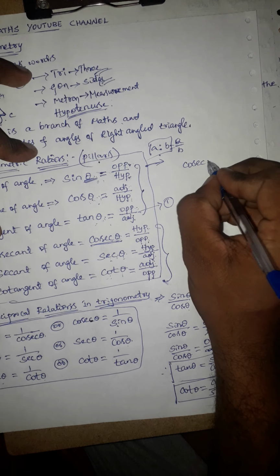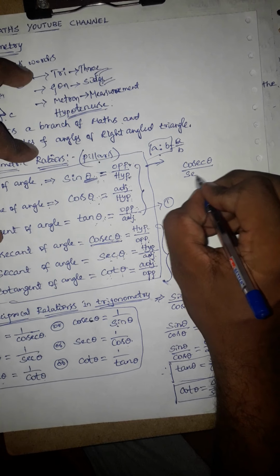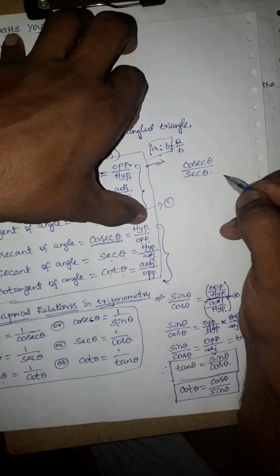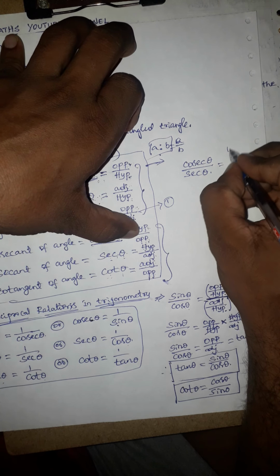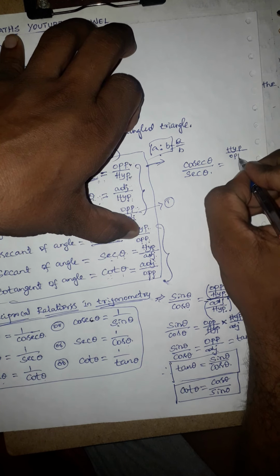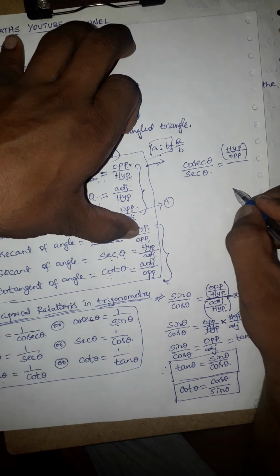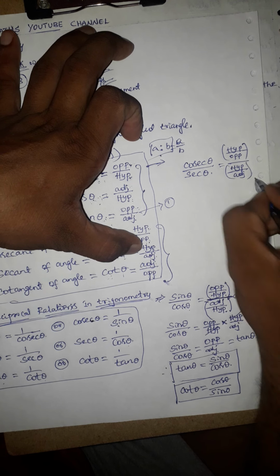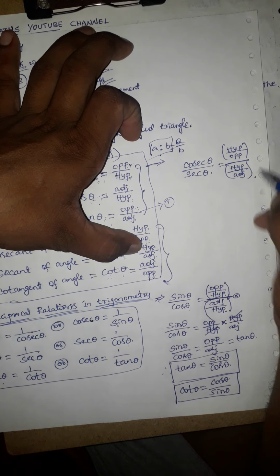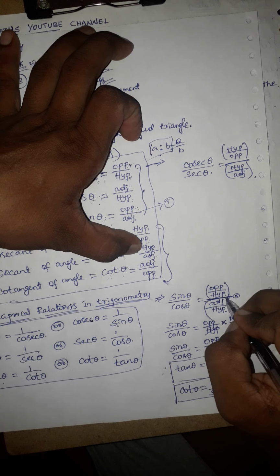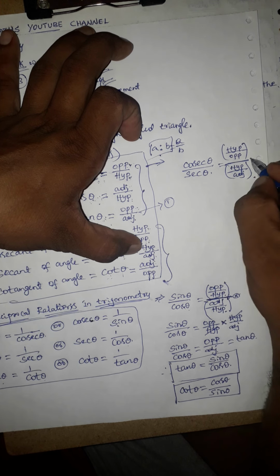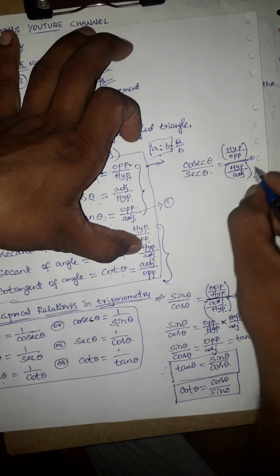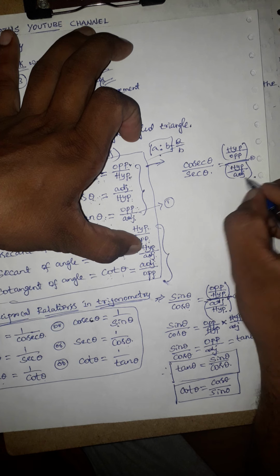In the same way I consider cosecant theta divided by secant theta. What is cosecant theta here? Hypotenuse by opposite, whole over secant theta, which is hypotenuse by adjacent. In the last we convert the division sign to a multiplication sign. Here also we convert division to multiplication by taking the reciprocal of the denominator.